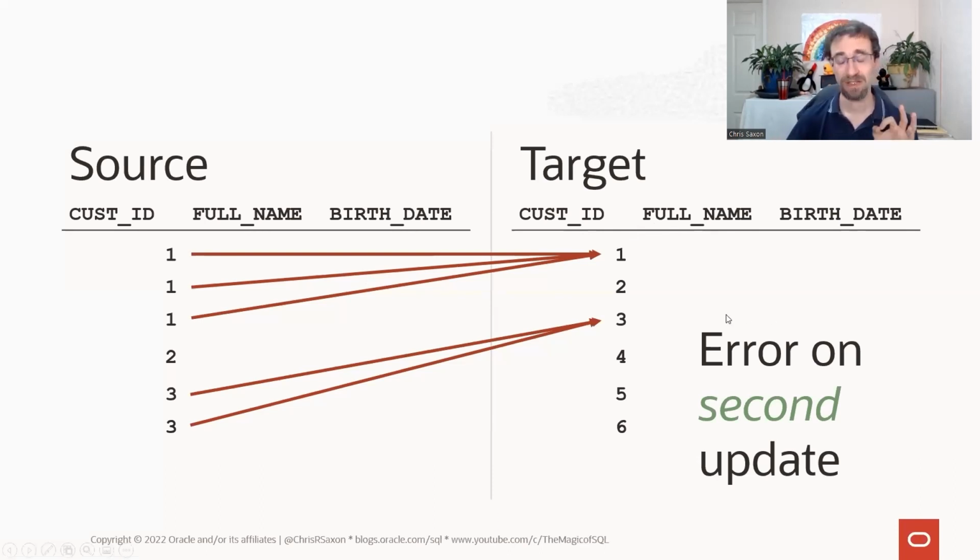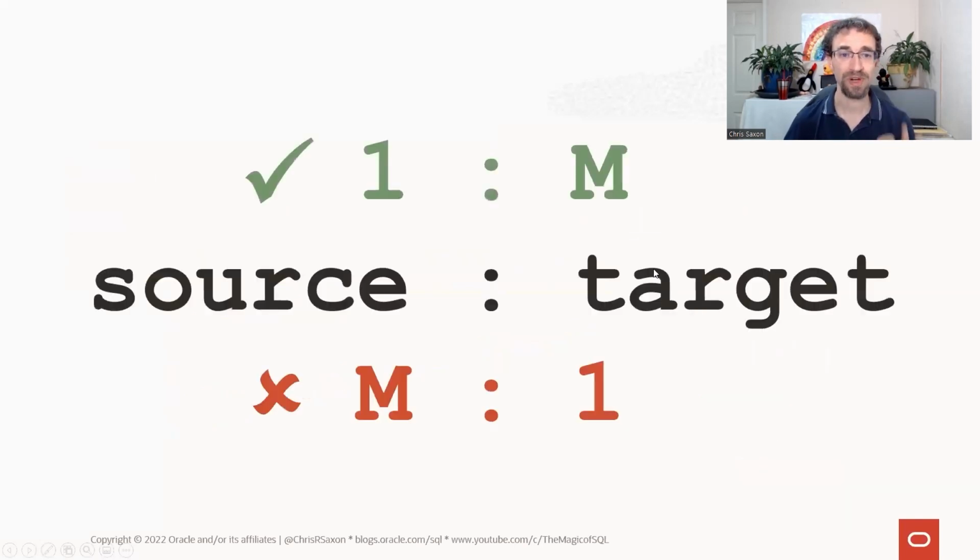So the key thing when using merge is that ideally it would be a one-to-one relationship, source to target. Each row in the target must point to one in the source, right? You should not have a many-to-one relationship from the source to the target. If many rows in the source point to one row in the target, you have potential problems here.